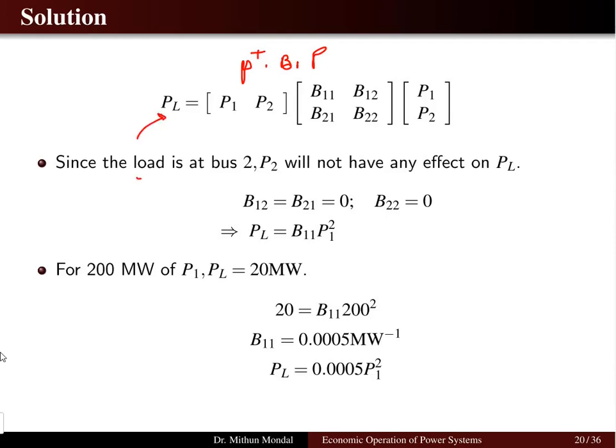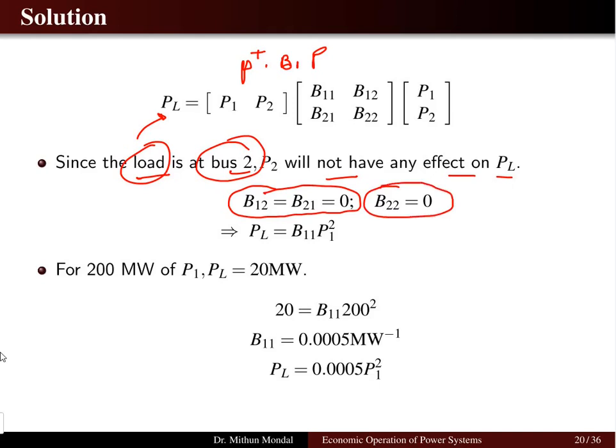And since the load is at bus number 2, P2 will not have any effect on PL because the load is connected on bus number 2. So we can have B12 and B21 to be 0 and B22 to be 0. So all the expressions involving bus number 2 will be 0, and the power loss expression will be only B11 into P1 square.